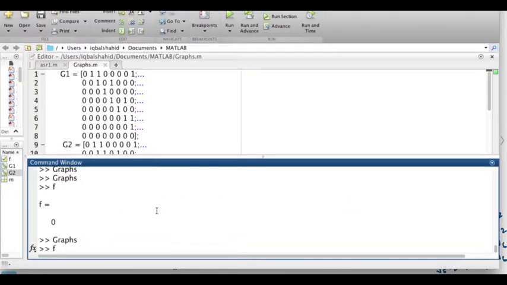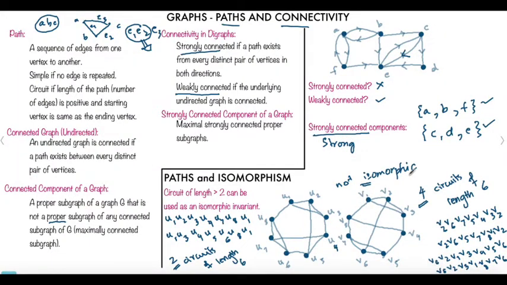So now if I run it and check the value of F, it is 0, and M is an empty set. So in Matlab, if our answer F is 0, this means they are not isomorphic. If it is 1, they are isomorphic.